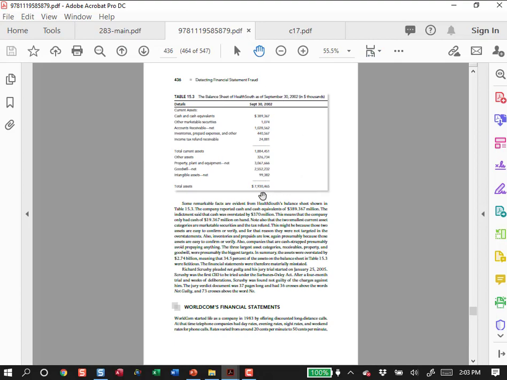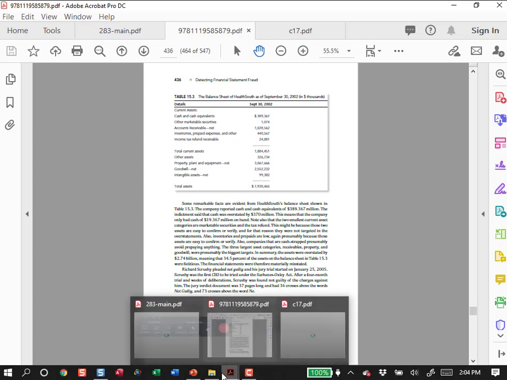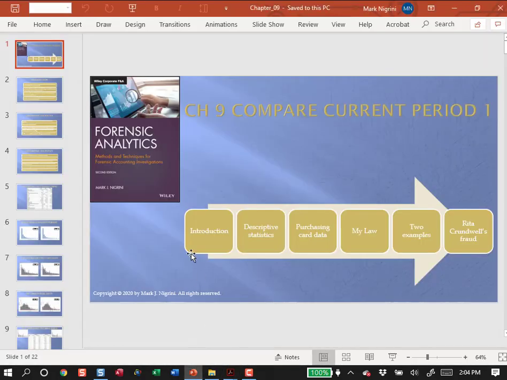If we did the vertical analysis with a balance sheet, we would make total assets equal to 100%. Then we would calculate all these numbers as a percentage of this, and we would compare the prior year to the current year. So horizontal and vertical analysis would be a good way to start.